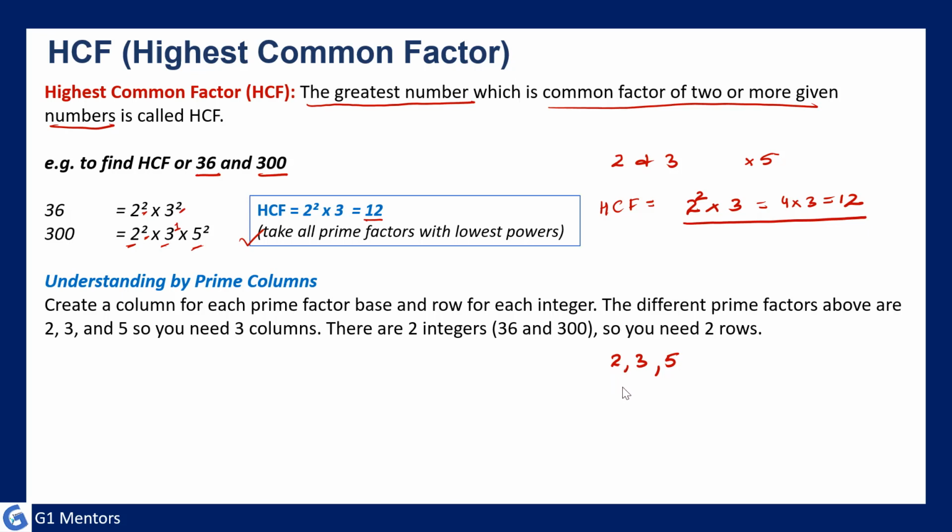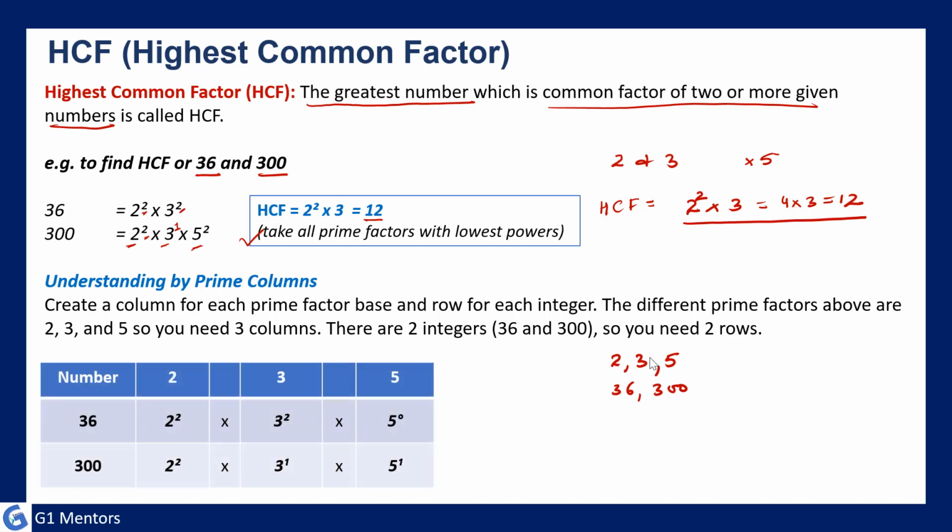So you need 3 columns, and there are 2 integers, which are 36 and 300, so you need 2 rows. 36 is equal to 2 square into 3 square into 5 raised to power 0. 300 is equal to 2 square into 3 raised to power 1 into 5 raised to power 1. To find the HCF, as we said, take all prime factors with lowest powers.